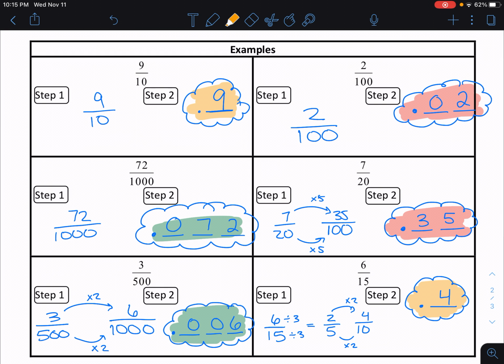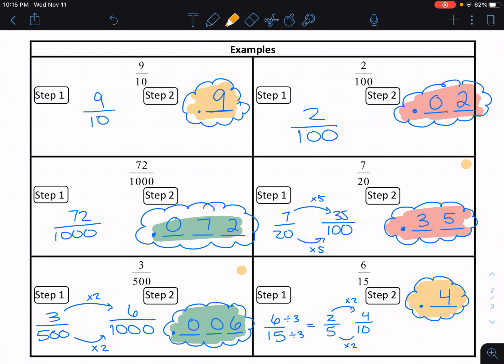So the most difficult part of this is going to be choosing what denominator you go to. You want to go to the easiest one possible. So the first 3 were already in that form for you. For this one right here, 100 was the easiest because getting to 10 would not be simple.